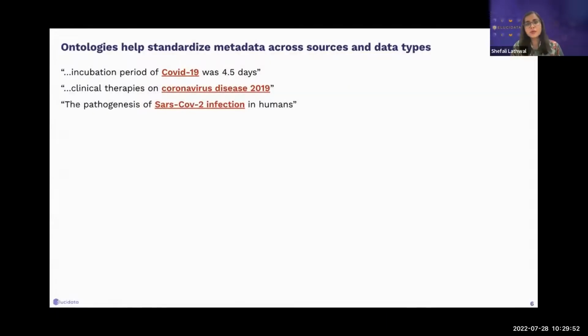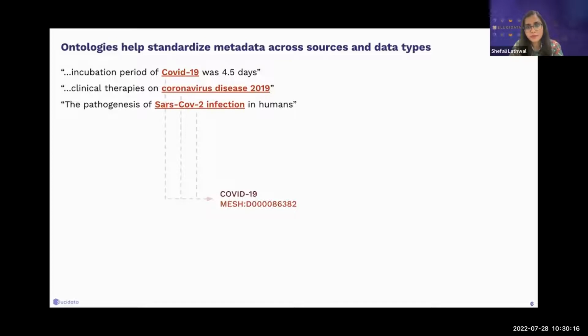So what we do is that we use the information that is available and present in a data set, and we use natural language processing to identify key concepts, key pieces of information that are important to understand what the data contain, such as disease, as you can see right now. And then we standardize these concepts using ontologies.